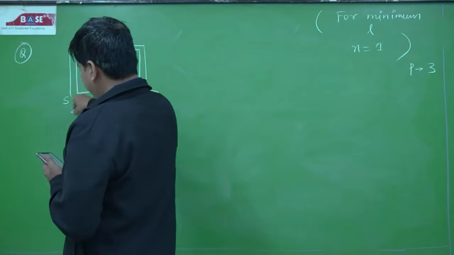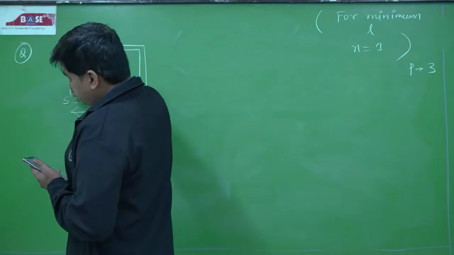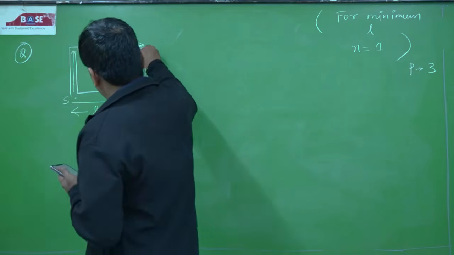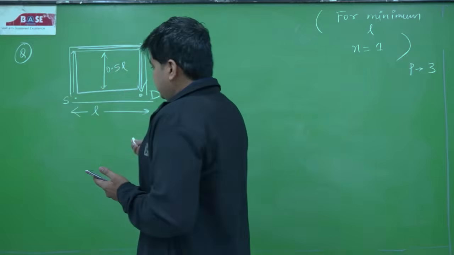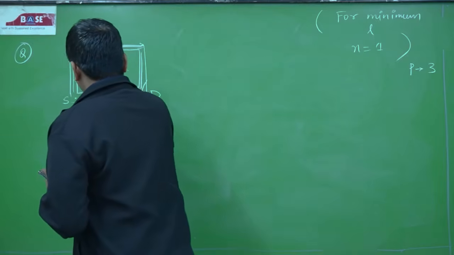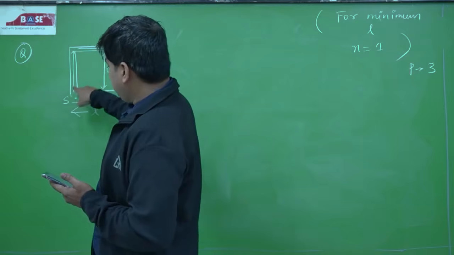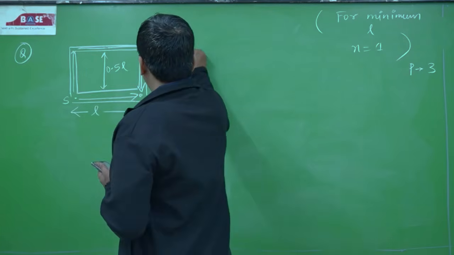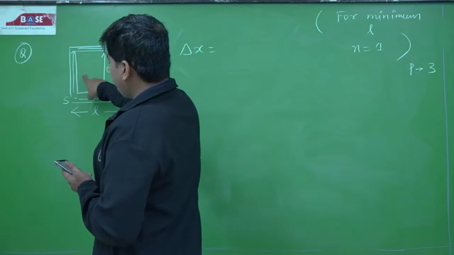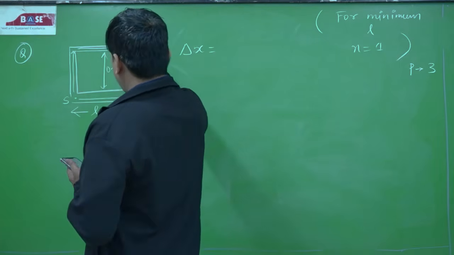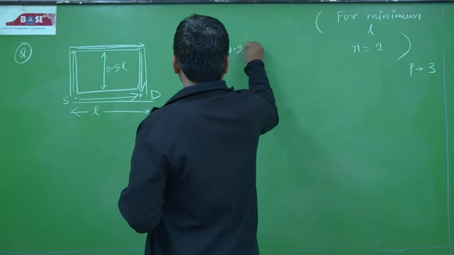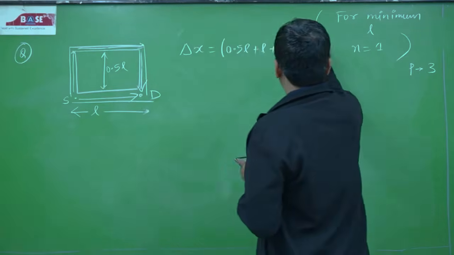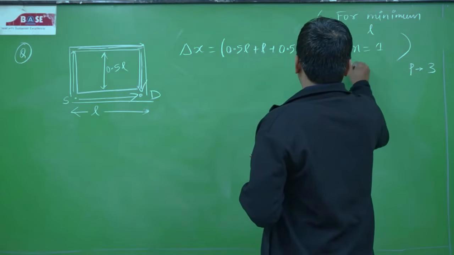Path difference at point D from S. Again, the sound wave here can travel via this path. That is path number 1. And second is the straight wave from here to here. So path difference becomes this plus this plus this minus this bottom path. So delta x becomes 0.5L plus L plus 0.5L minus L, and that is equal to n lambda.